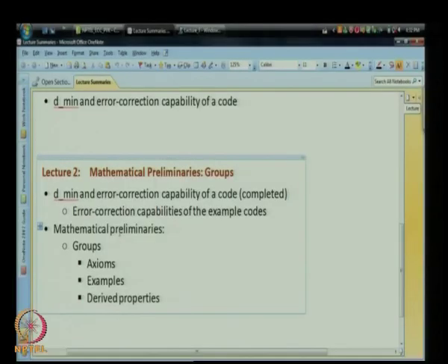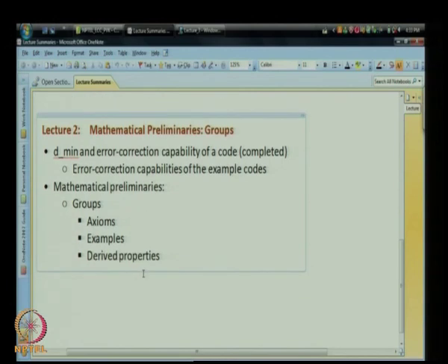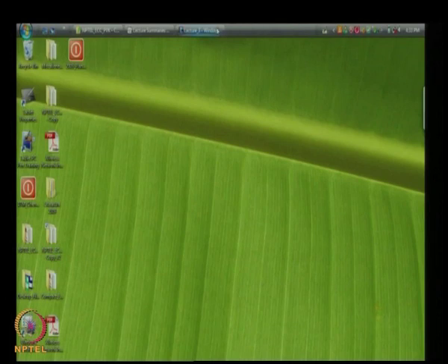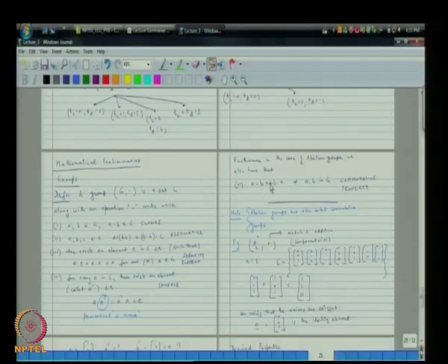So, getting back to the pad, we started talking about groups, and we first discussed the axioms that go into making up a group. We looked at examples and then some derived properties, and so today we will continue from there. So, with that I am going to close this particular file, and we will go on to our lecture pad here.